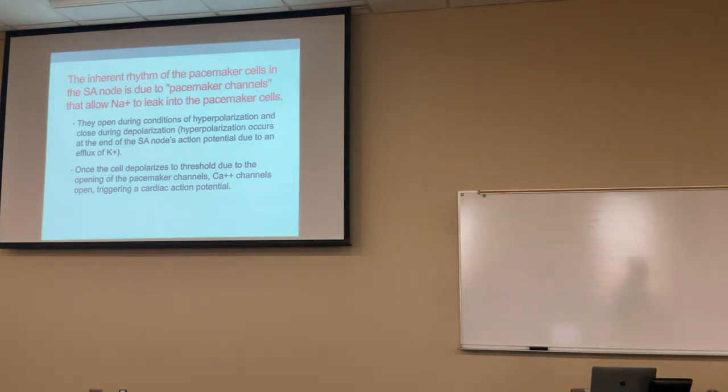Now, this inherent rhythm, this spontaneous depolarization that occurs in the pacemaker cells is due to what are called pacemaker channels that allow sodium to slowly leak into the pacemaker cells. Now, these pacemaker channels are very unusual.